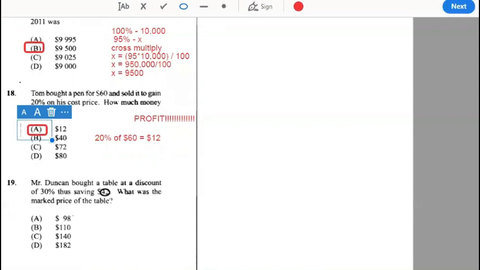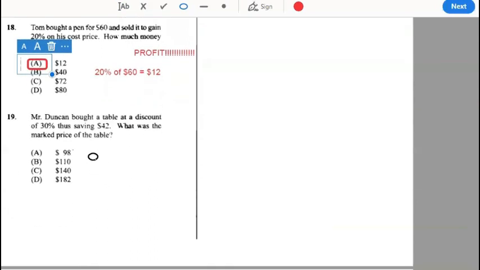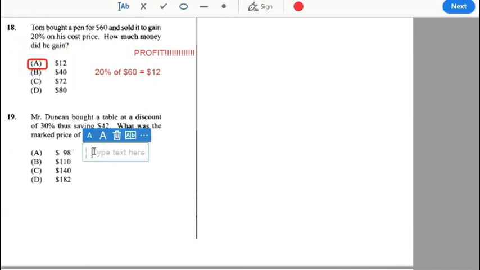Mr. Duncan bought a table at a discount of 30%, thus saving $42. What was the marked price? So what we're trying to find is what is the original price on the table before Mr. Duncan got the discount.